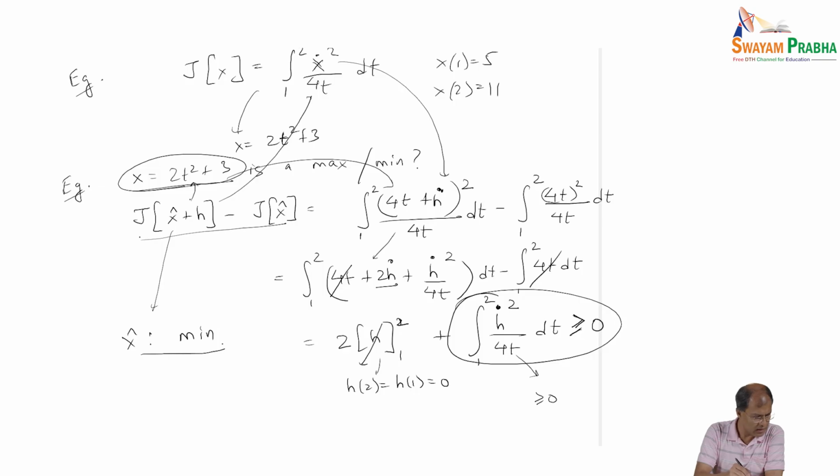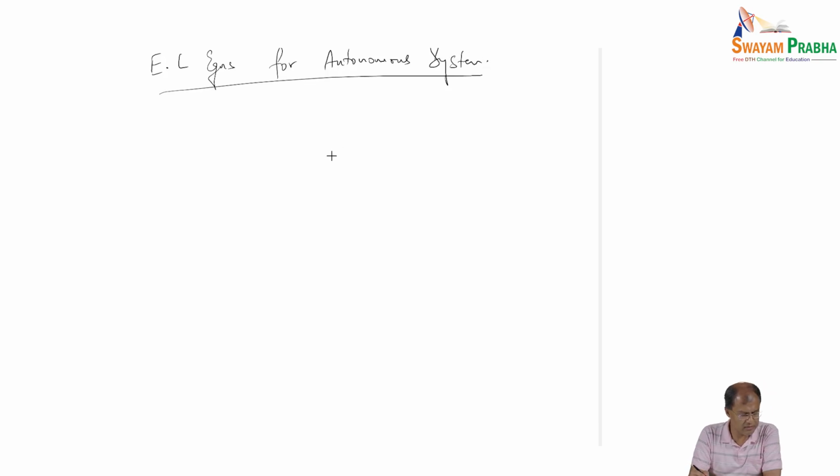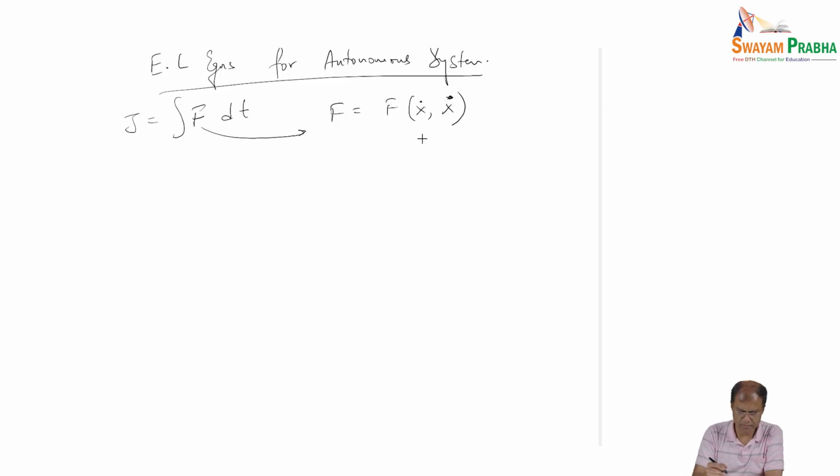Let us continue with the Euler-Lagrange equation for a very specific case, that of the autonomous system. So the Euler-Lagrange equations for an autonomous system: the functional is of this form, dt, and our integrand is a function f of x dot comma x.